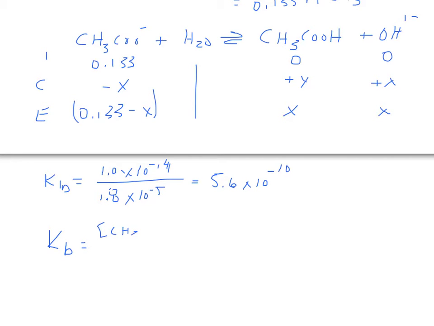Kb will equal the concentration of my products raised to their coefficients divided by the concentration of my reactants raised to their coefficients, ignoring water.